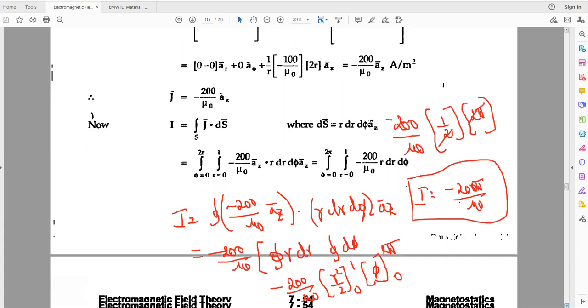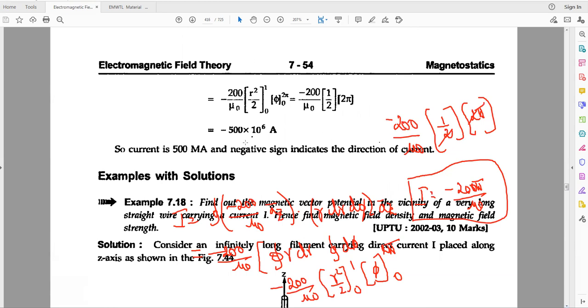Got it, my students? The current we got is minus 200 pi by mu naught. Substitute the mu naught value, that is 4 pi into 10 power minus 7. So pi gets cancelled and 200 by 4 is 50.